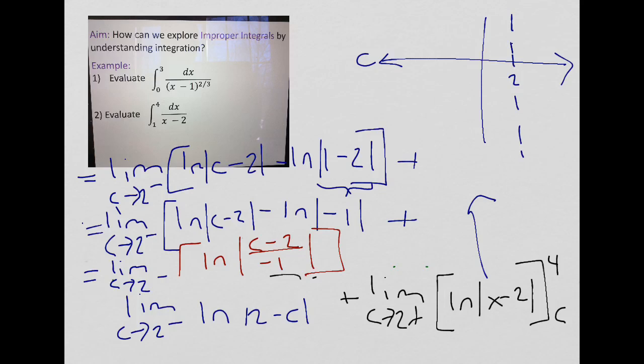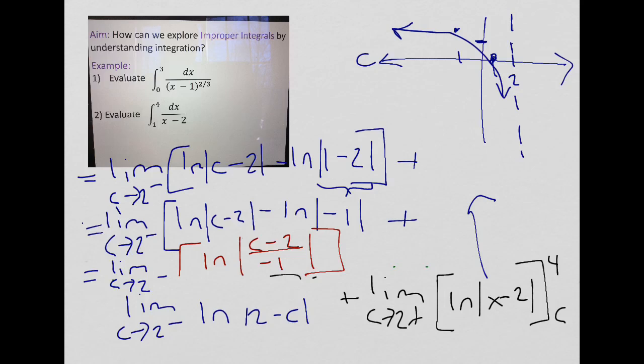You plug in 1, the ln of 1 would be 0. And then we have the ln of 2. And then let's say we plug in -1, it's the ln of 3, which would be bigger than the ln of 2. So basically your graph would look like this.